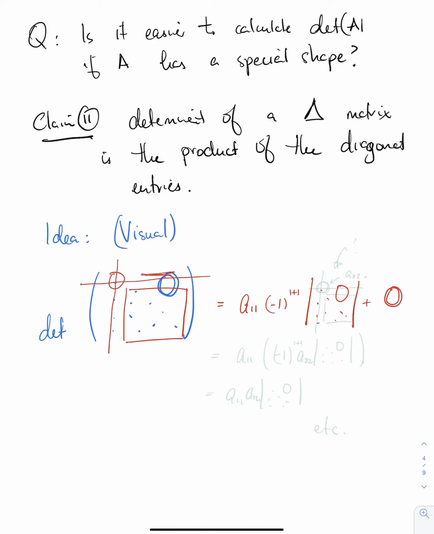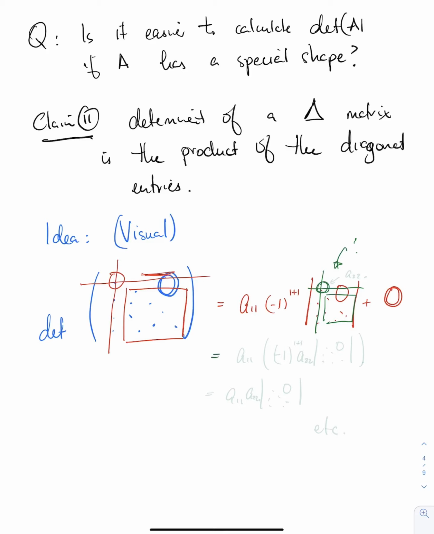How do I find the determinant of this matrix? Well, as before, I'm going to go along the first row. I'm going to take this entry, which is A22 of the original blue matrix, erase the column and the row that it's in, and then multiply by the determinant of the matrix that's left.